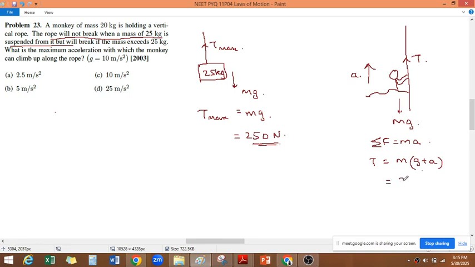So monkey mass is 20 kg. g is 10. Maximum acceleration, so that means a. If T max is maximum, this should also be maximum. If you go beyond this, it will break and the monkey will fall down. So 250 is the maximum.